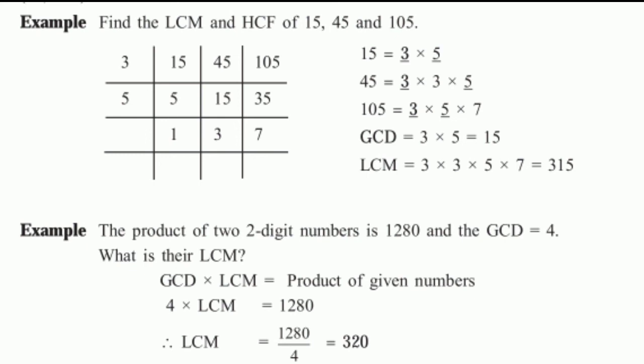Okay, so now we will put the value of GCD which is 4, and then we will put the value of product of given numbers which is 1280, and then we will find LCM. Okay, so now LCM equals 1280 divided by 4, so the answer is 320.